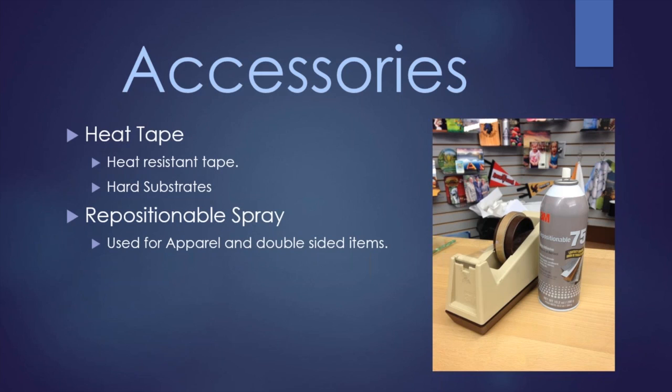And when it drops down, it's still really hot, so the sublimation process is still taking part. And if it doesn't drop down in the exact same spot, which it never does, you're going to see this double image that we've referred to as ghosting. So repositionable spray is really important on your soft substrates, whether it's t-shirts, canvas bags, anything like that. You definitely want the repositionable spray because ghosting will occur.